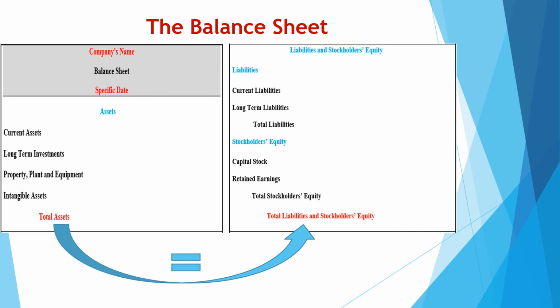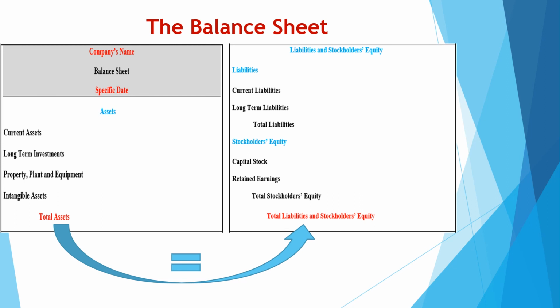The second section of the balance sheet is the liabilities and stockholders' equity. From its name, we realize that this section is also divided into two subsections. However, we start with the liabilities. Under liabilities, we have to list all the current and all the long-term liability accounts. Then we have the stockholders' equity. Under the stockholders' equity, we have to list the capital stock and the retained earnings ending.